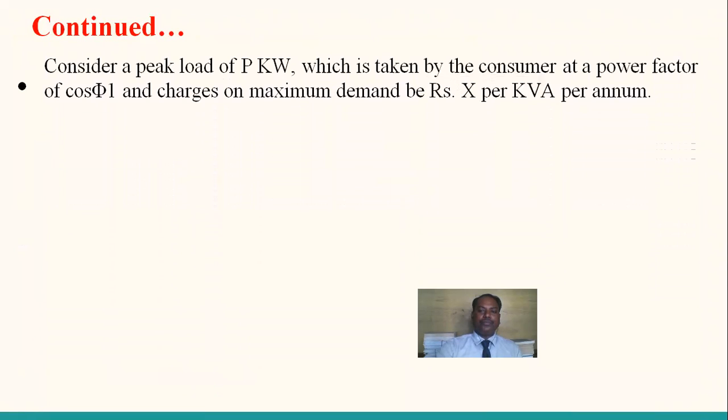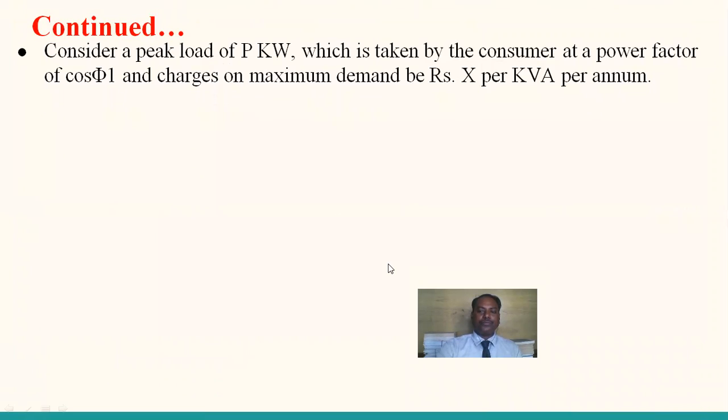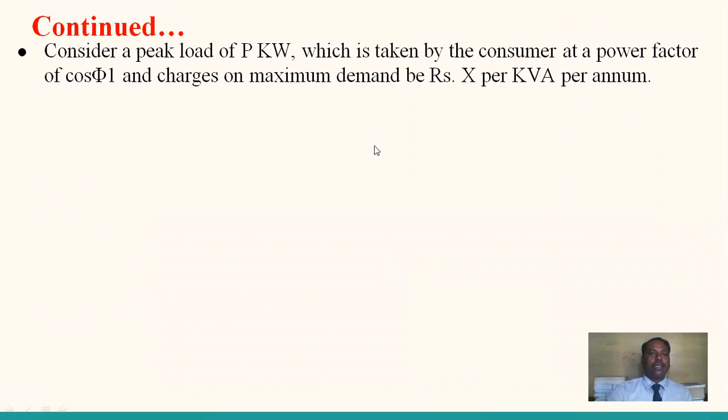See, consider a peak load of P kilowatt, which is taken by the consumer at a power factor of cos phi 1, and charges on maximum demand be rupees X per kVA per annum.